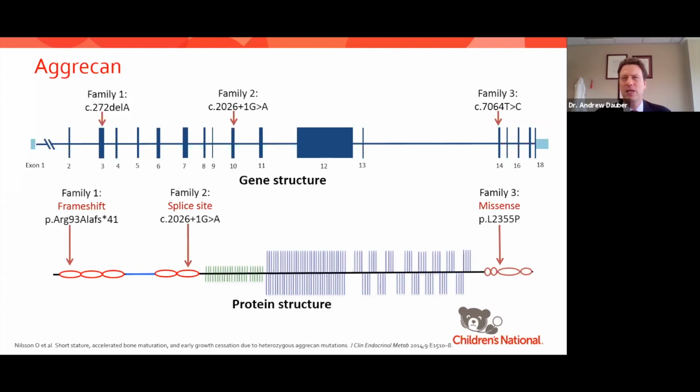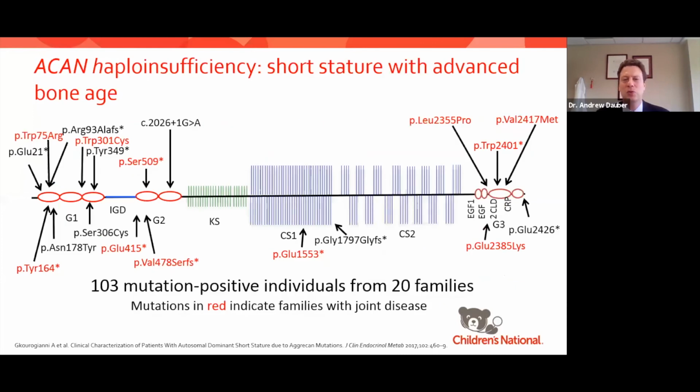So what we learned from this study was that we had found the tip of the iceberg with those initial skeletal dysplasias, right? Those were the most severe cases that were found with Aggrecan gene mutations. And now we're starting to move down that iceberg, and we found that, in fact, you can present with isolated short stature with advanced bone age. And then once we started talking about this in 2014, we reached out to investigators all around the world, and we were able to put together now 103 individuals with Aggrecan mutations from 20 different families.